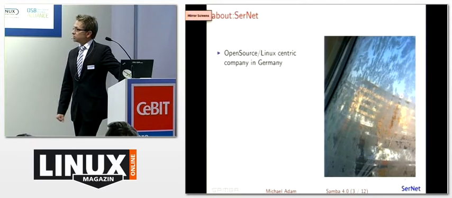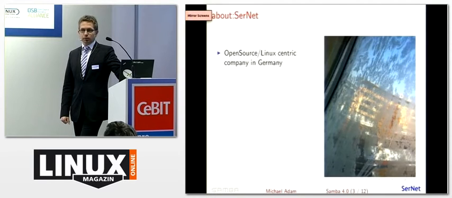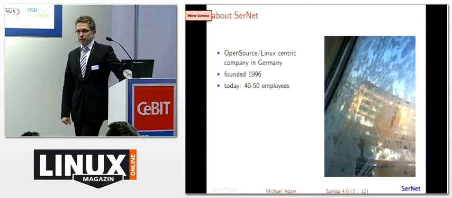Well, SerNet is an open source Linux-centric company located here in Germany. The main office is in Göttingen. We also have an office in Berlin. It was founded in the mid-90s, and currently we have somewhere between 40 and 50 employees. A little less than 10 of them are working in the Samba area.